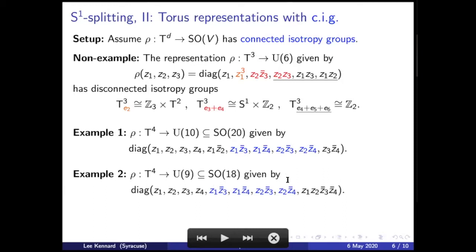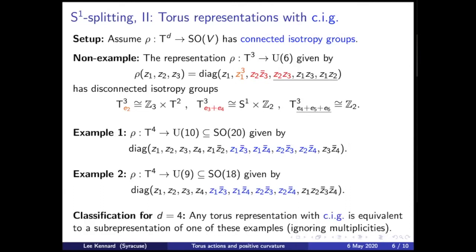These also have a nice property that they're maximal. What I mean is if you try to add a representation here or here, then, unless you're adding multiplicities, repeated representations, which is a kind of trivial issue, if you try to add something else, then you necessarily introduce disconnected isotropy groups.